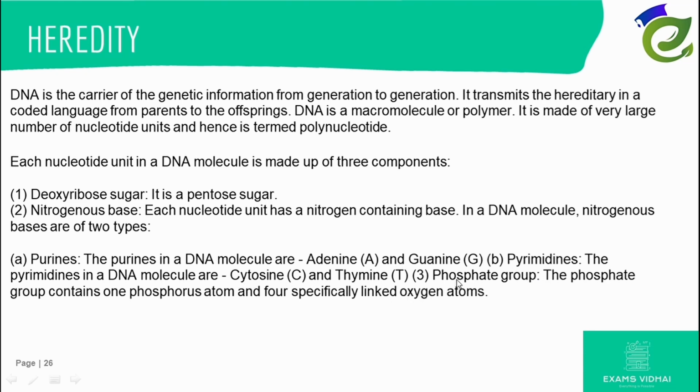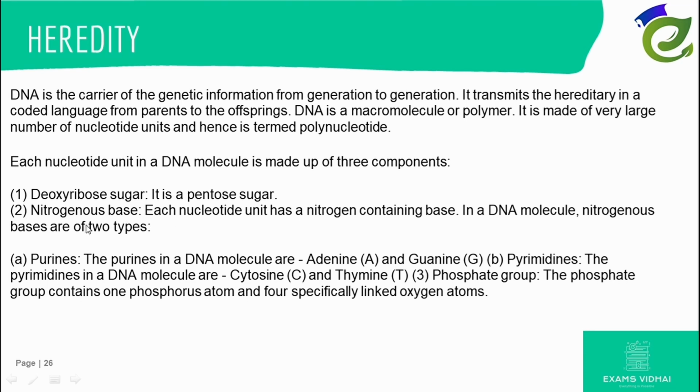Now the third one is the phosphate group. The phosphate group contains one phosphorus atom and four specifically linked oxygen atoms. Phosphate, PO4. So what are the three components? Deoxyribose sugar, a pentose sugar, a carbon molecule. Next is the nitrogenous base.